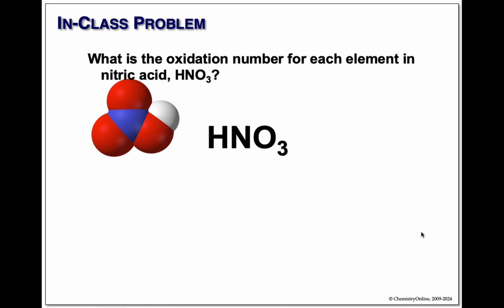Nitric acid, HNO3. We take nitrate, that's NO3, put a hydrogen on one of the oxygens. Now, in this compound, the oxygens will be -2, and because the hydrogen is bonded to a non-metal, it will be a +1.